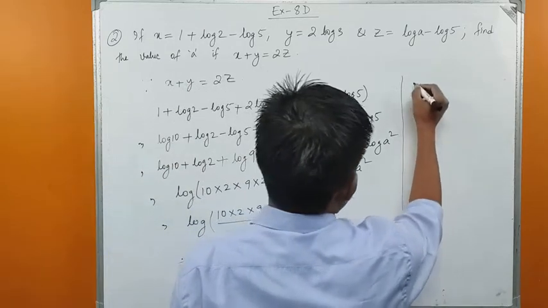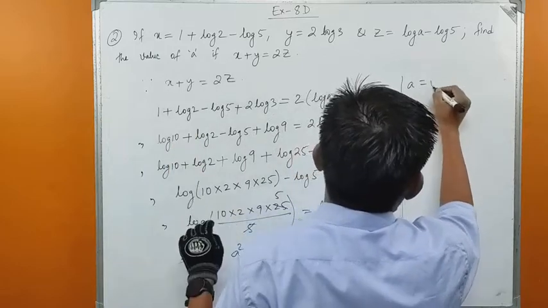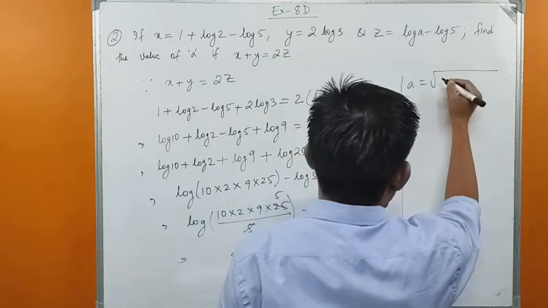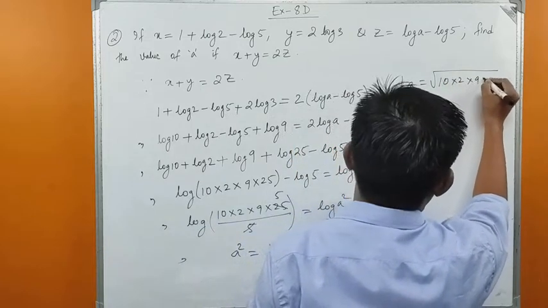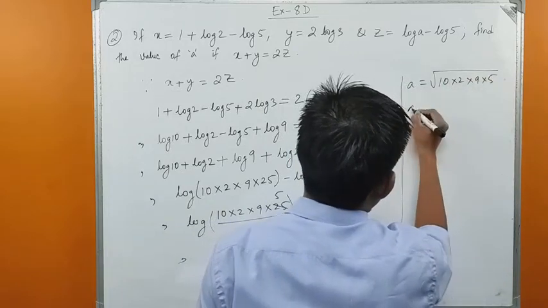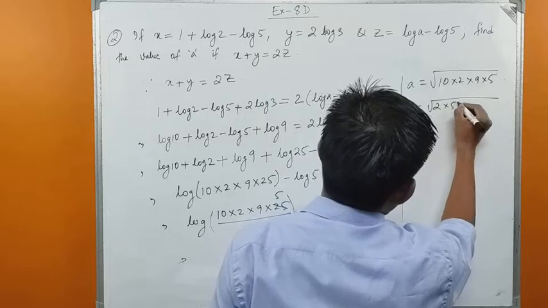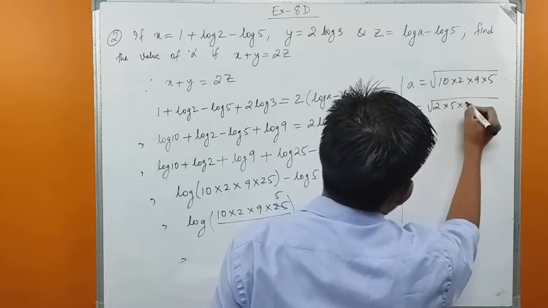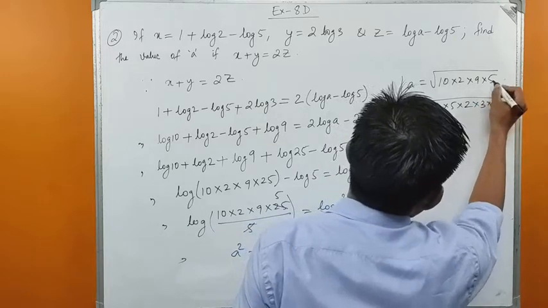a equals, we are asked to find a, isn't it? Root under 10 into 2 into 9 into 5. This means a equals root under 10, which is 2 into 5, into 2 into 9, which is 3 into 3, into 5.